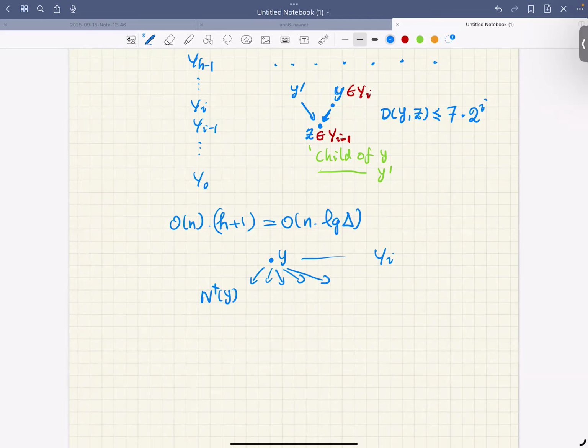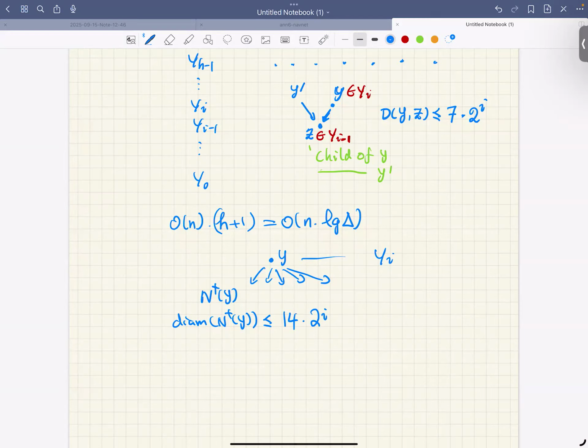First of all, you can bound the diameter of this N plus of y, because every child has to be within distance 7 times 2 to the power of i of y. So by triangle inequality, if you use y as the bridge, every two children must be within distance 7 times 2, so 14 times 2 to the power of i, of each other.